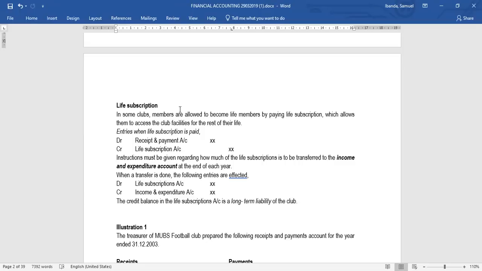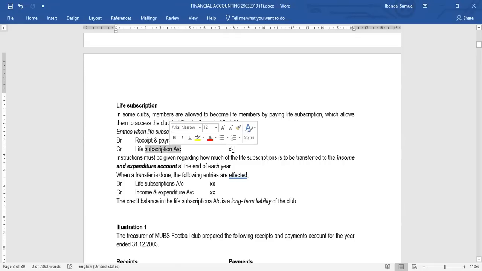It can be paid once, maybe for the next 10 years. But if we receive that life subscription, what we do is we debit receipts and payments and then credit the life subscription account.